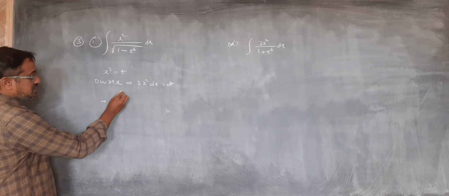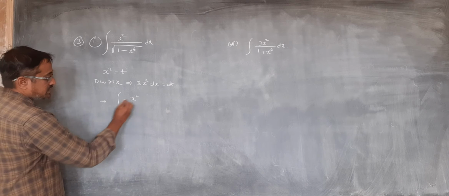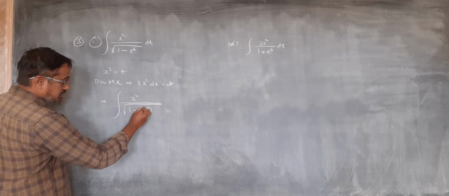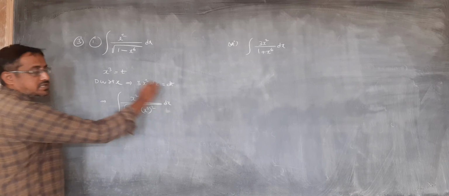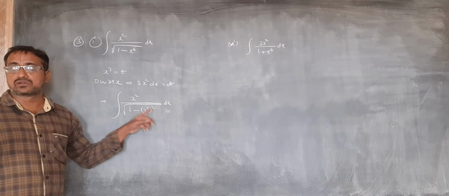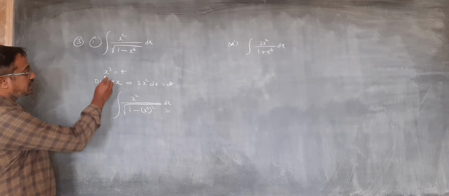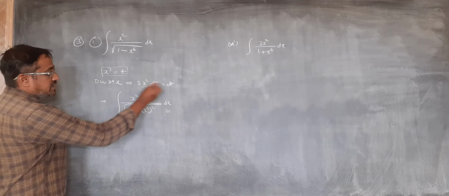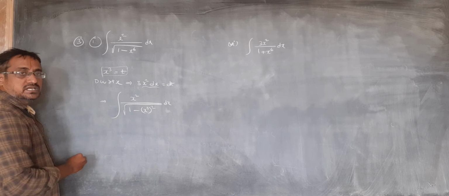Now you can write this integral as x square by root over 1 minus x cube whole square dx. x power 6 is written as x cube whole square. Now if you write x cube as t here, x square dx can be written as 1 by 3 dt.